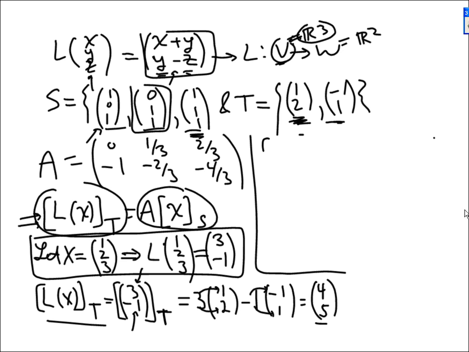Let us look at the other side of the equality sign. We need to first write x as the coordinates of x with respect to the basis S. And x is 1, 2, 3.